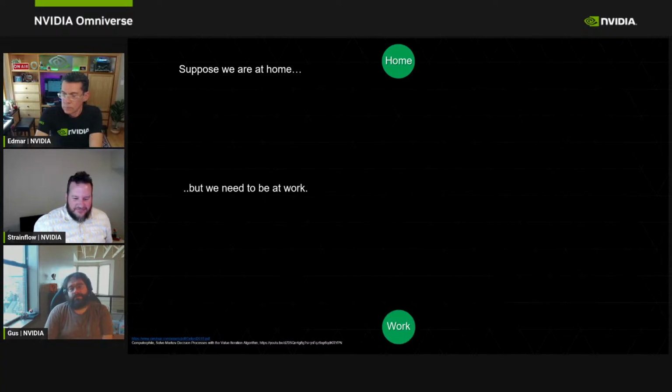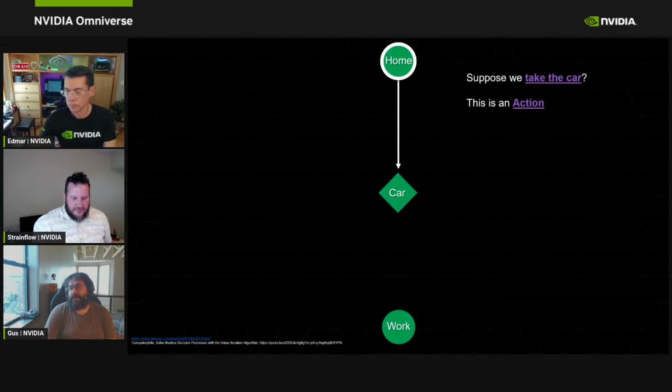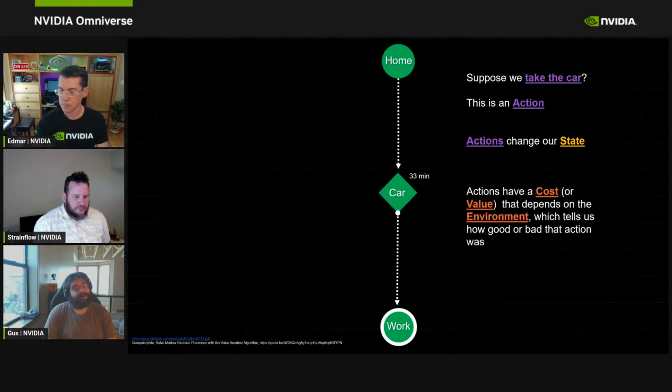So suppose we're at home and we want to get to work. The question we want to ask is, how do we get to work? What do we want to do to get to work? If we're at home, we could take the car. Taking the car is an action, and that action will change our state. We'll move from being at home to being in the car to being at work.